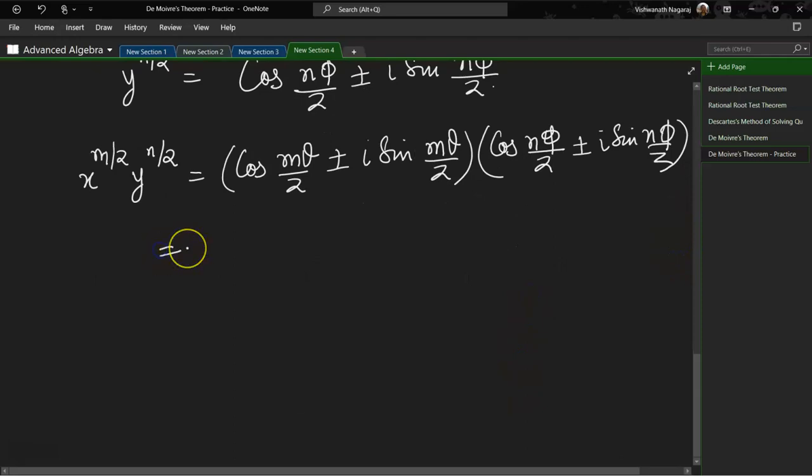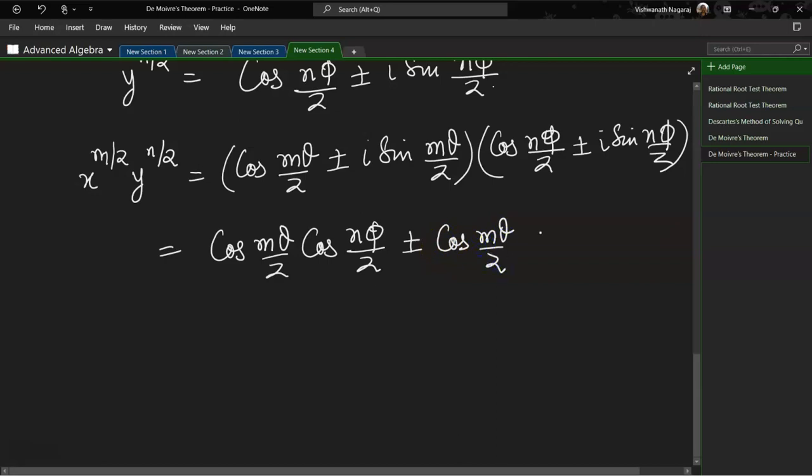Now let's do the multiplication. Cos m theta by 2 cos n phi by 2. Now let's take plus or minus cos m theta by 2 times i sin n phi by 2.